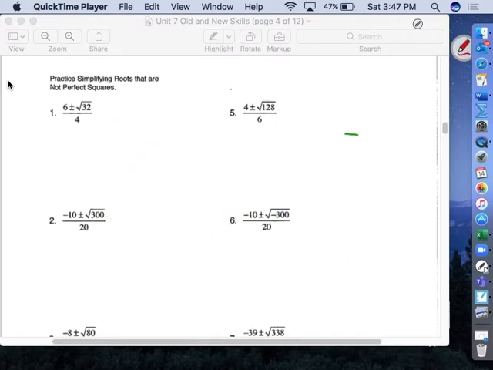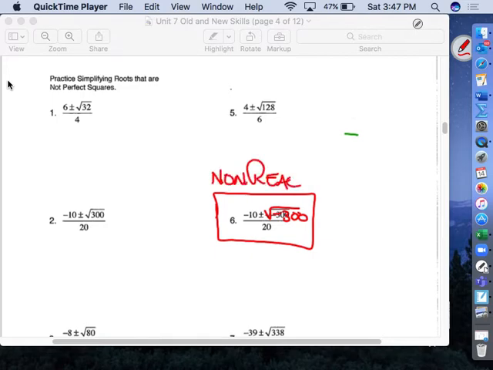Looking at number 6, I have a negative underneath the radical. I have negative 300 under the radical. This is a situation where you would have non-real roots, or in Algebra 1, you could simply say no solution. In the world of real numbers, you cannot take the square root of a negative number.